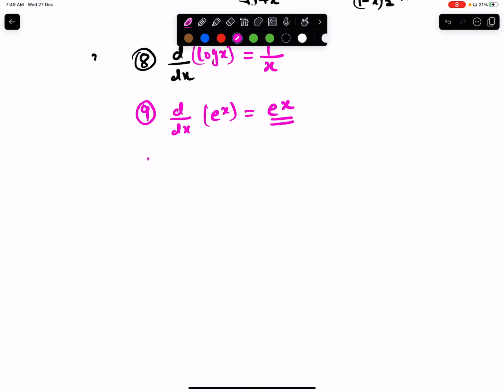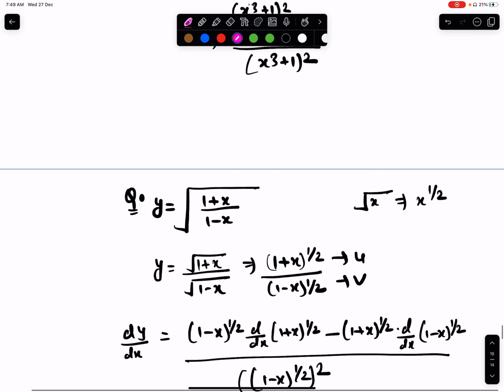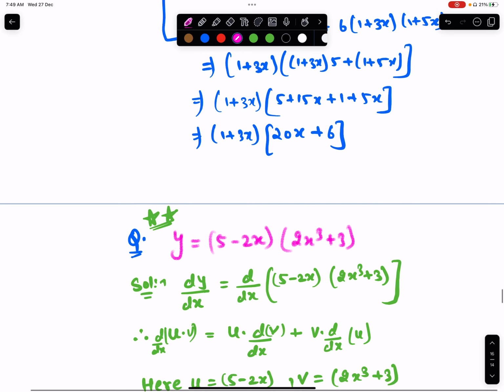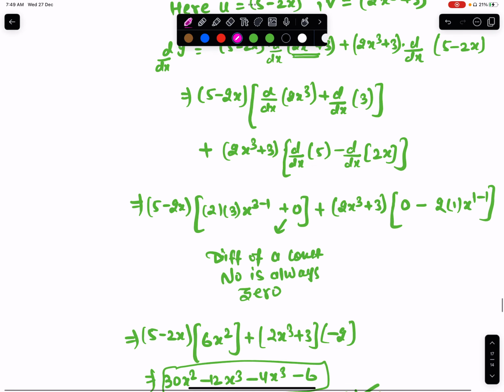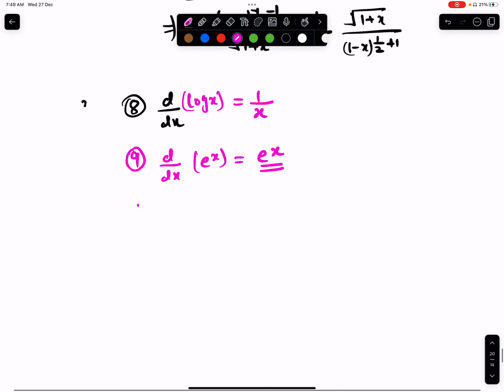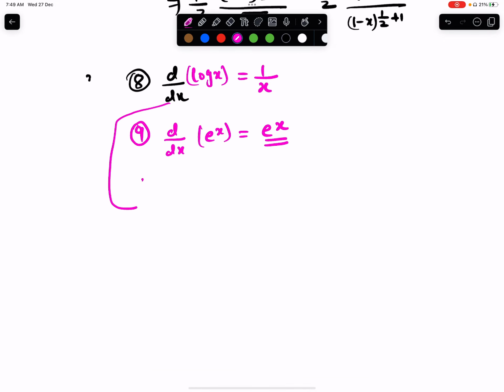Now let's see some important questions of differentiation. The first most important question is this one. Remember this question always. And now we will see the properties of log. We have to remember the properties of logs to solve some questions of log.